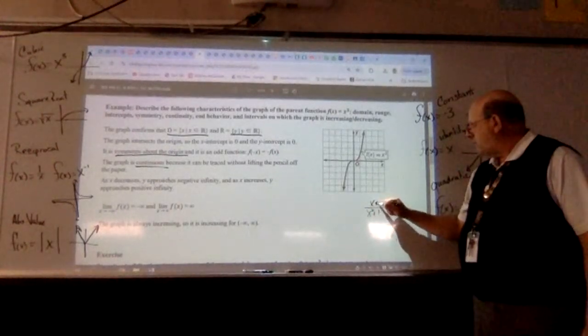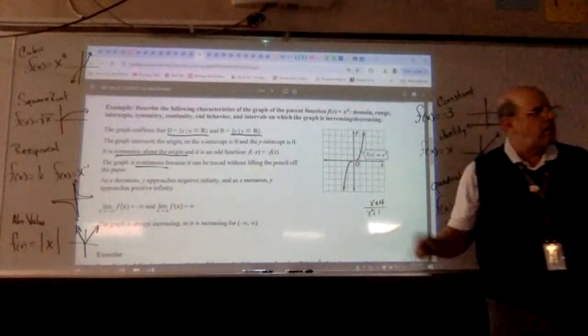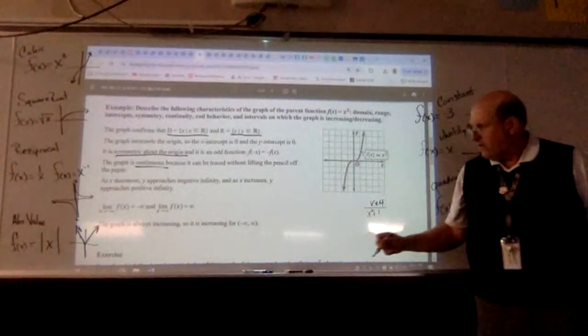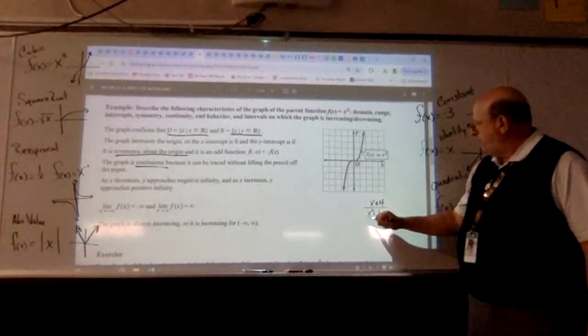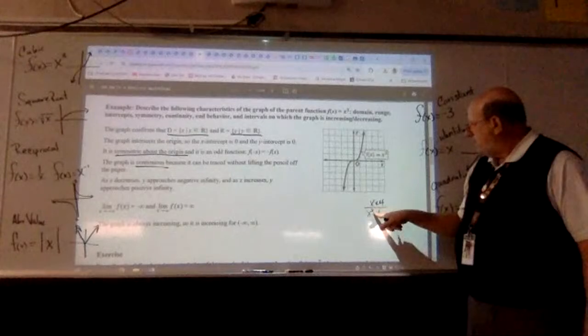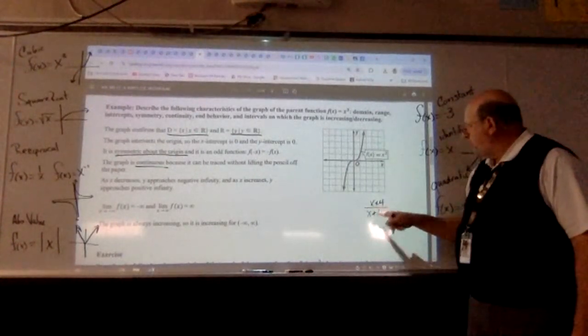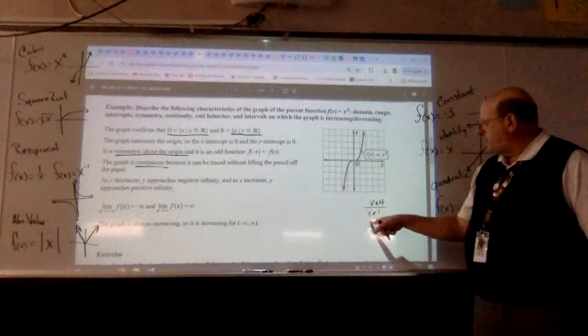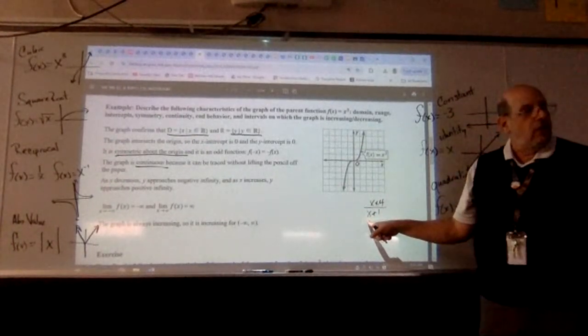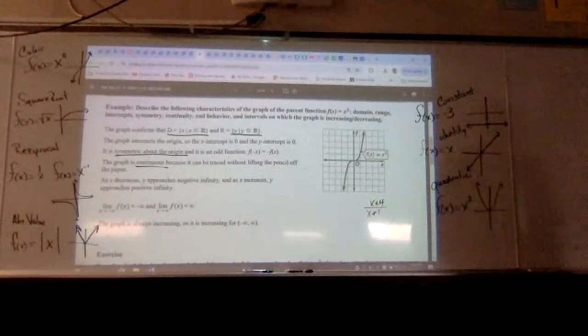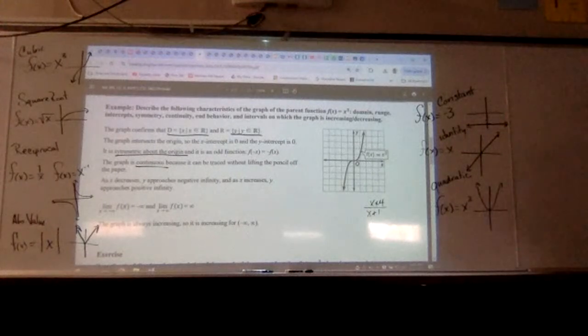If you put in the opposite of this number, we get 0 in the denominator, but all the other numbers give us some sort of value, right?